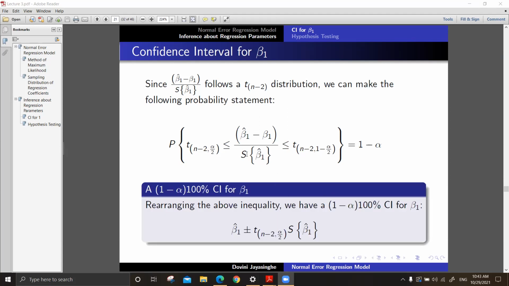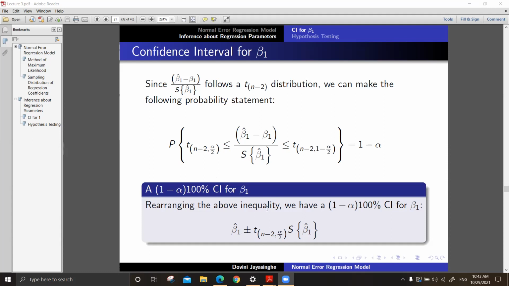Just because the absolute values of these things are equal, you can write the confidence interval as beta 1 hat plus or minus this. This plus or minus comes because this particular thing is equal to the negative of this. That is how this plus or minus is coming, right?